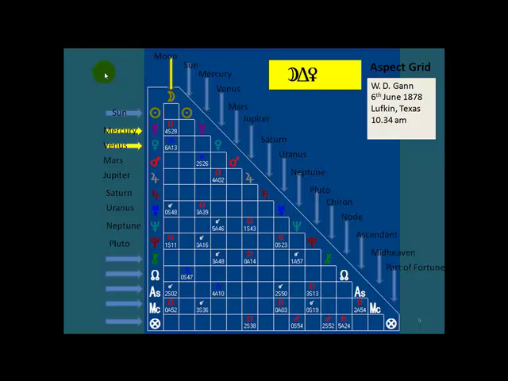You can see the trine there. There's no Mars aspect, no Jupiter aspect, no Saturn aspect, but there is a conjunction to Uranus. Conjunction means they're together. There's no Neptune, and there is a square to Pluto. So the Moon is square Pluto in Gann's chart.